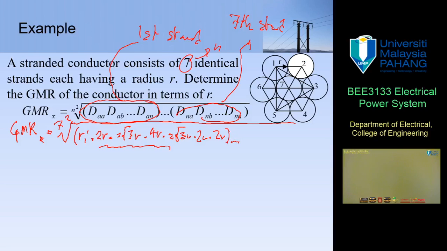Then for the second, third, fourth, fifth, and sixth strand, it looks like we need to calculate again. However, if you look from here, it looks like all of the cases of 1, 2, 3, 4, 5, 6 are identical with the 1.